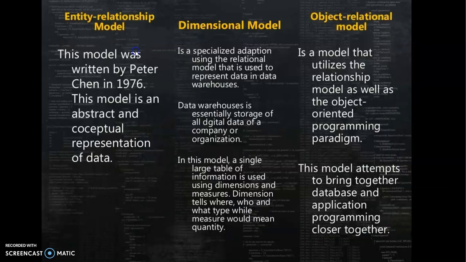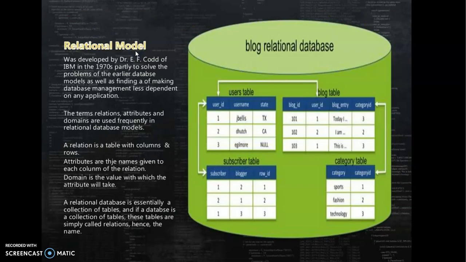Now, the relational model. It was developed by Dr. E.F. Codd of IBM in 1970, partly to solve the problems of earlier database models as well as making databases less dependent on any application. The terms relations, attributes, and domains are used frequently in relational database models.